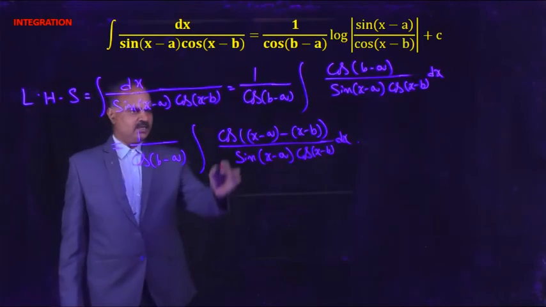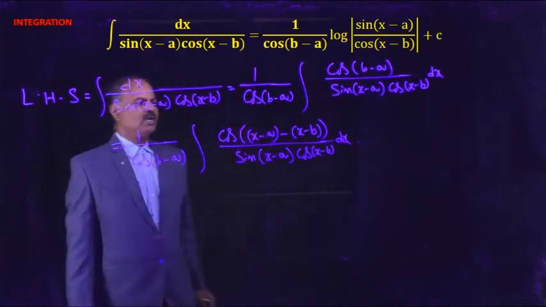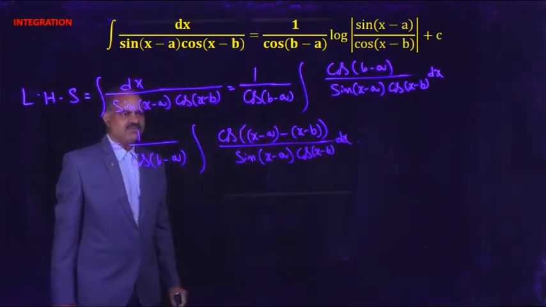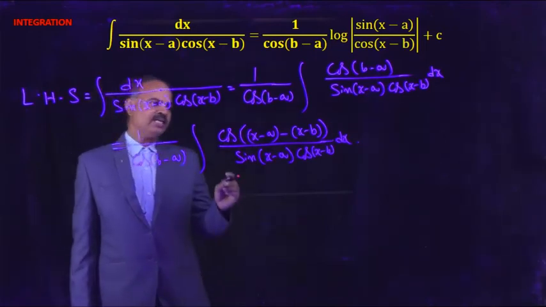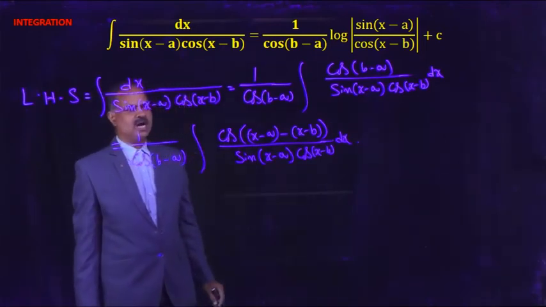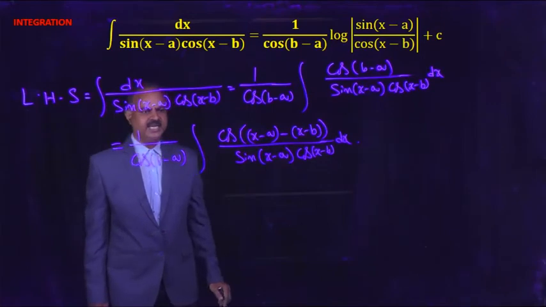Now in the numerator, this is of the form cos of (a minus b). So we know that cos (a minus b) equals cos a cos b plus sin a sin b.